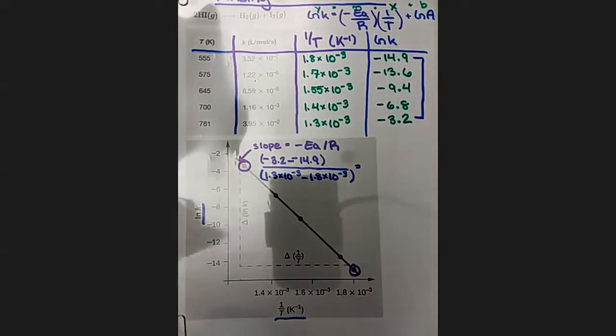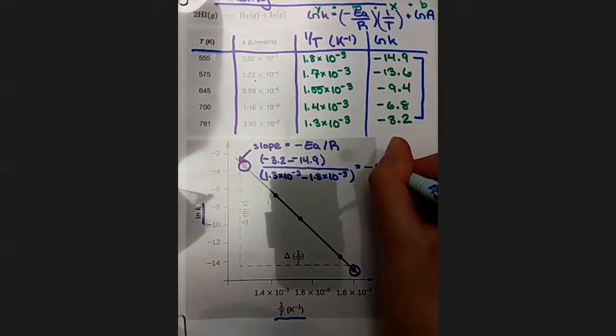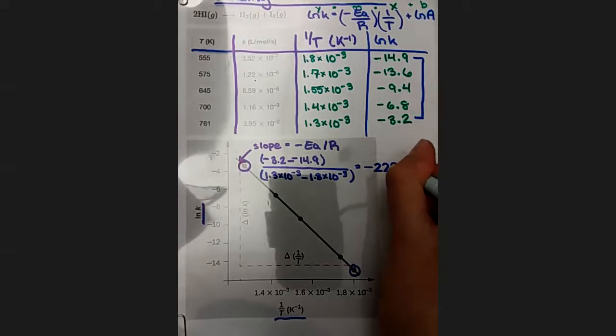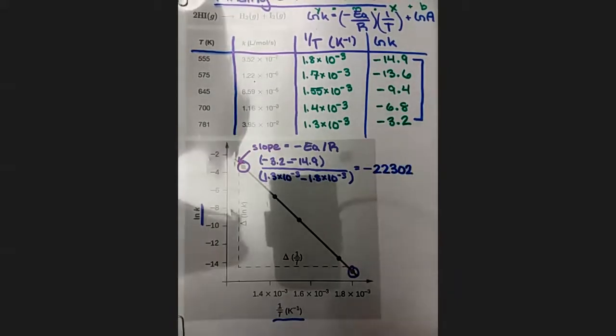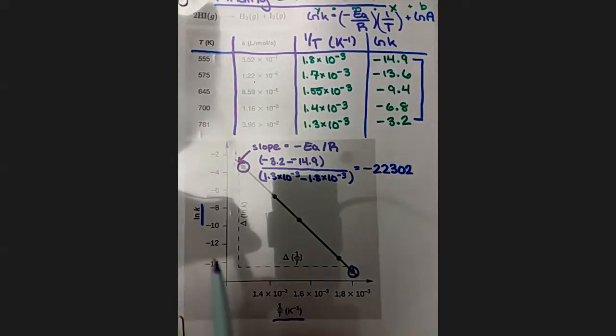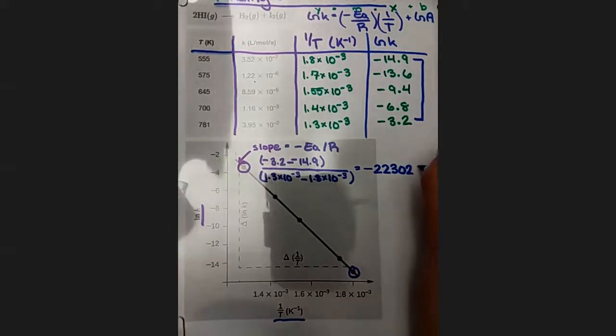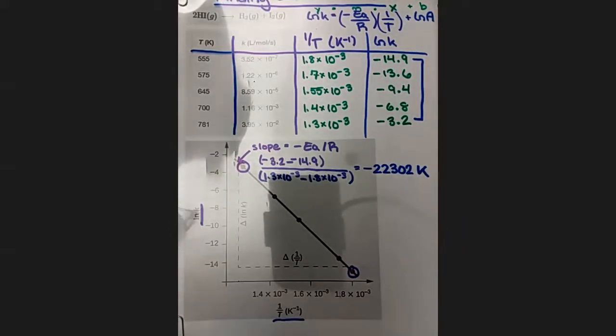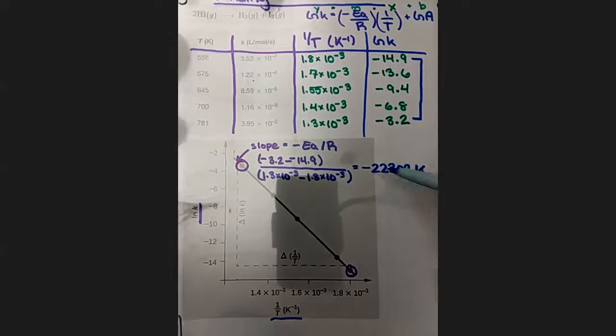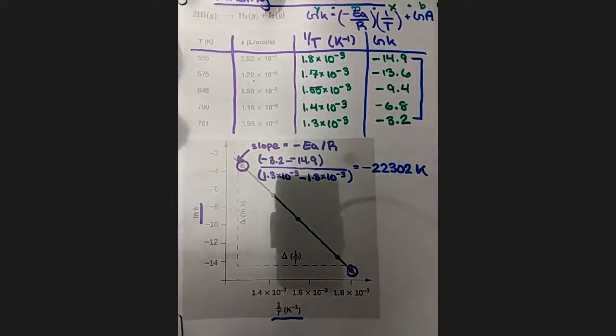Here we go. And that should give us a very large negative number, -22,302. And since natural log of K doesn't have any units, and this inverse Kelvin is on the bottom, the unit for the slope is Kelvin, which doesn't make any sense because you can't have negative Kelvin, but that's just kind of part of how this formula works.